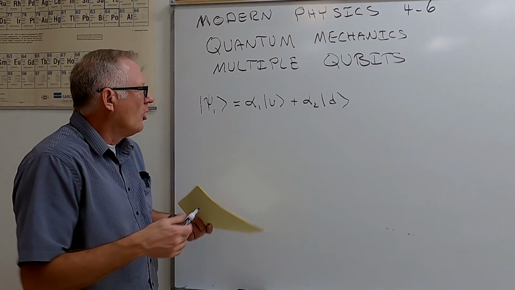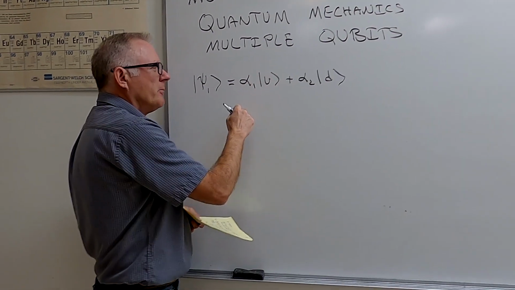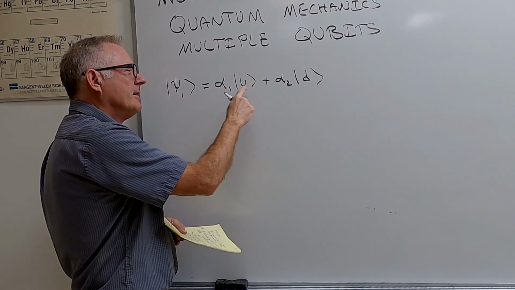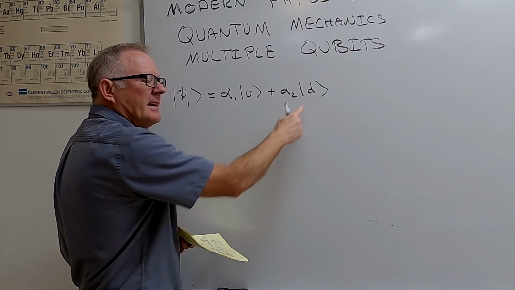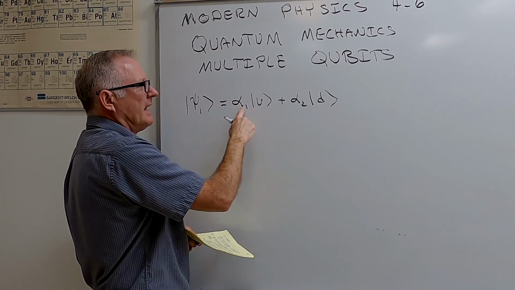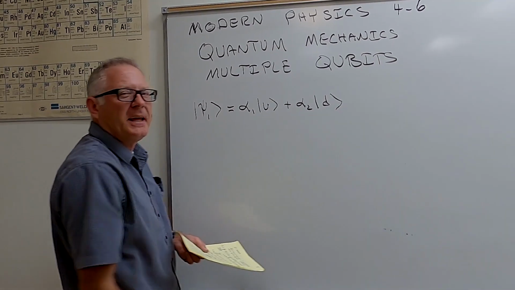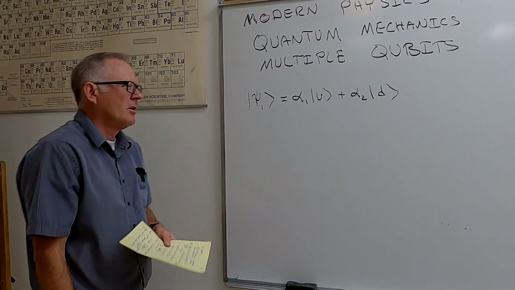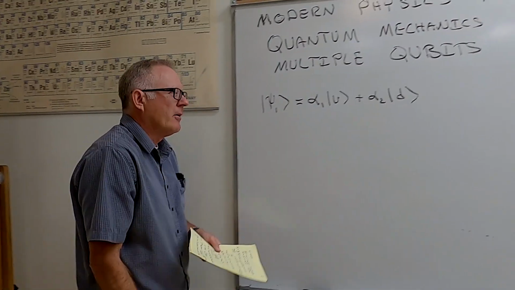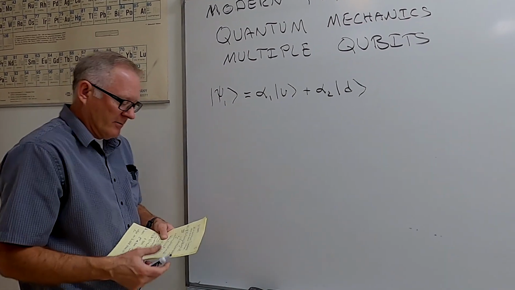But with qubits, remember, this squared is the probability. You could be 10% up and 90% down, or 52% up and 48% down, or all possible combinations. They're all in here. So you can see how much more powerful they are than just being up and down.